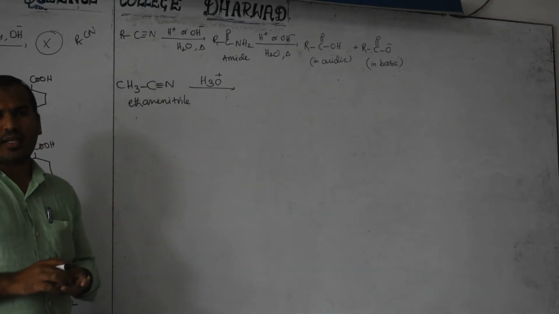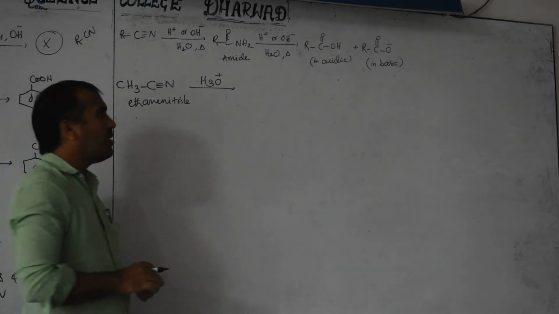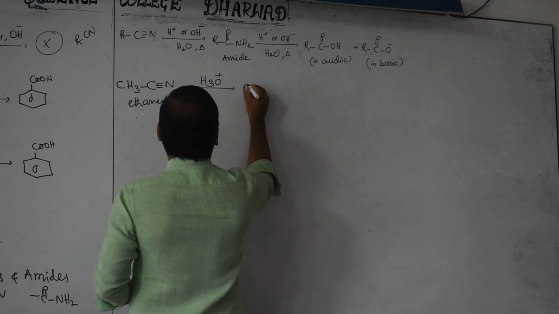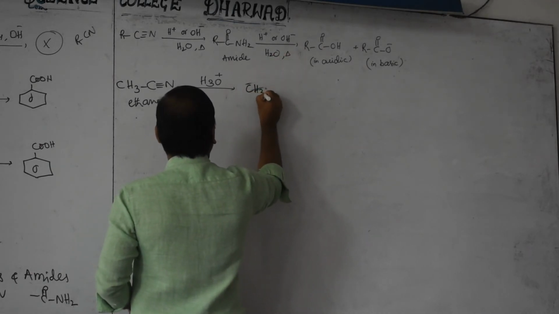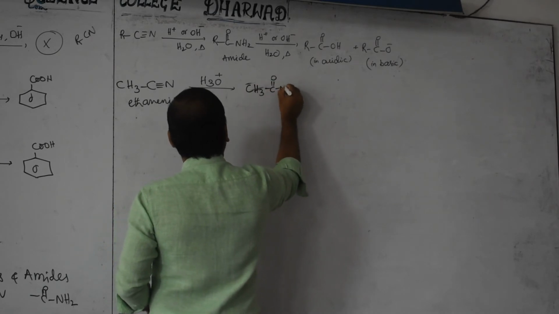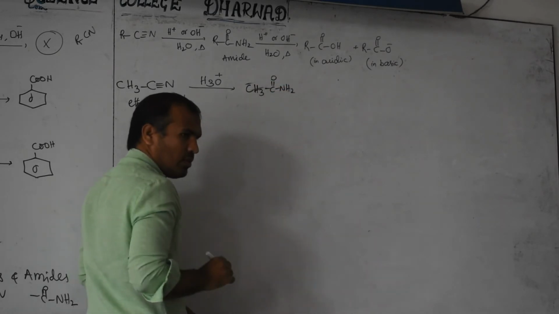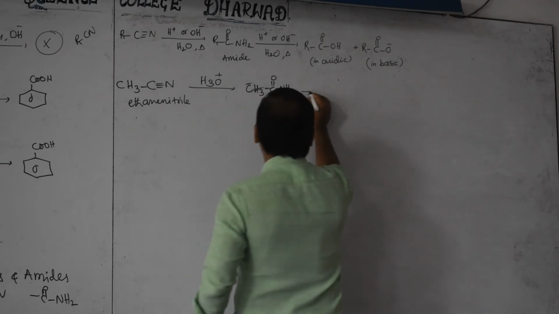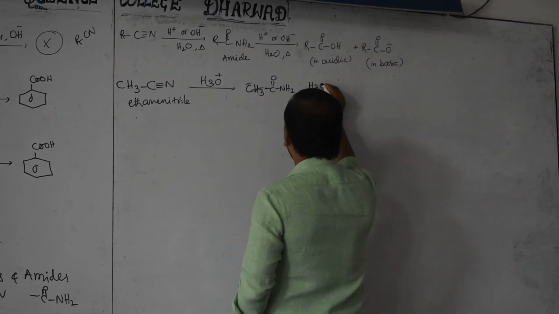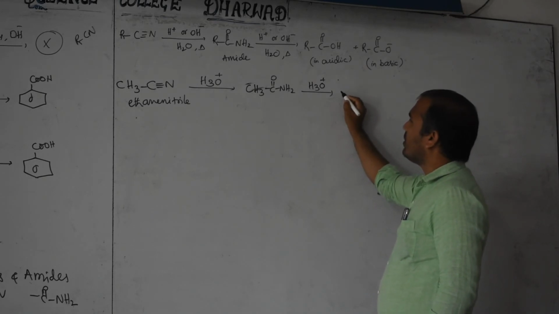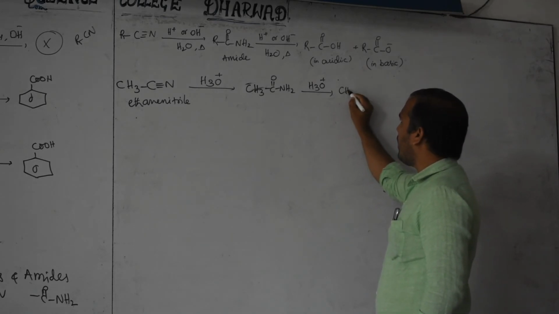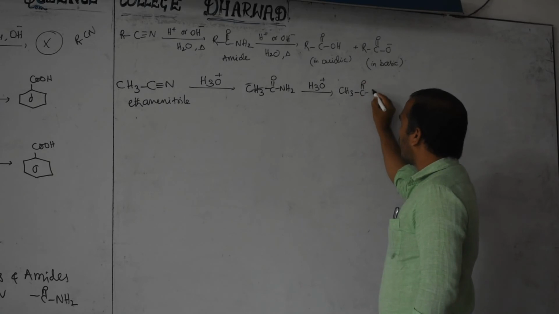Initially this is converted to CH3 C double bond O NH2. Again on acidic hydrolysis with H3O plus, it is converted into CH3 C double bond O H.